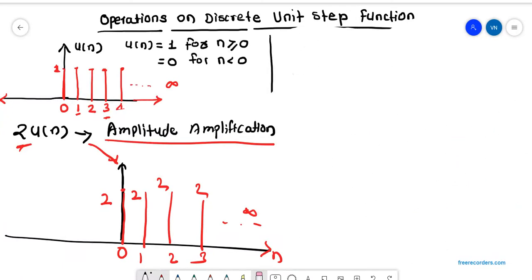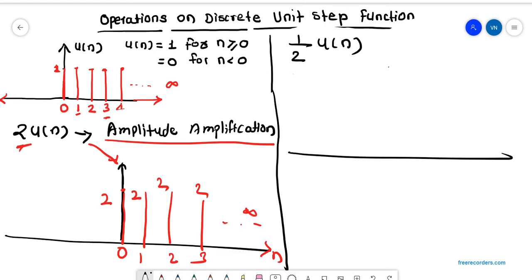Now if I want to do amplitude compression, how can we do compression? If I multiply 1/2 into u of n, how can we write the operation? So this is the signal 1/2 into u of n. Basically we have to divide your amplitude by 2.